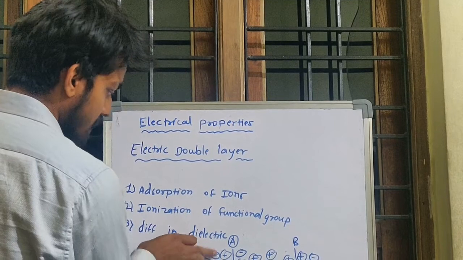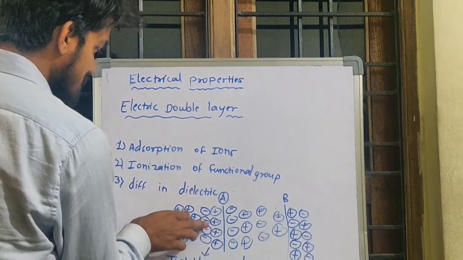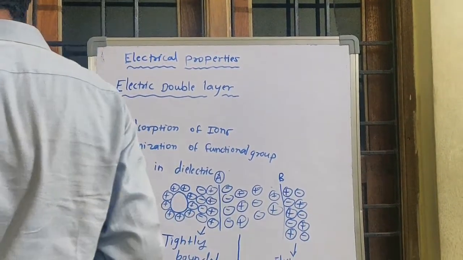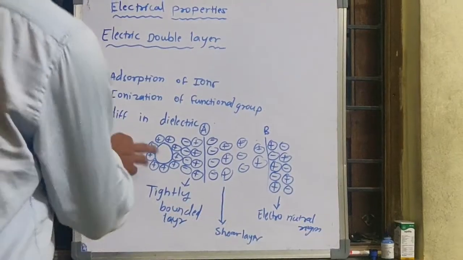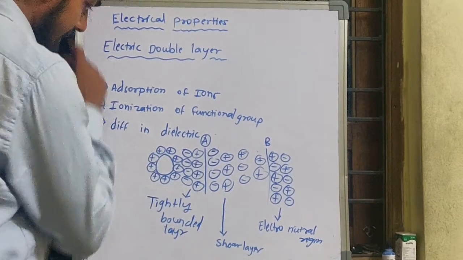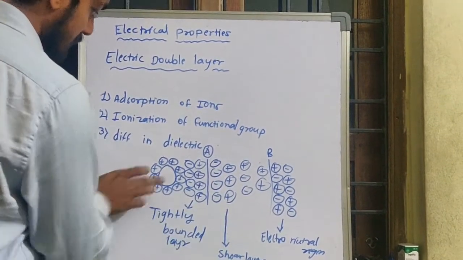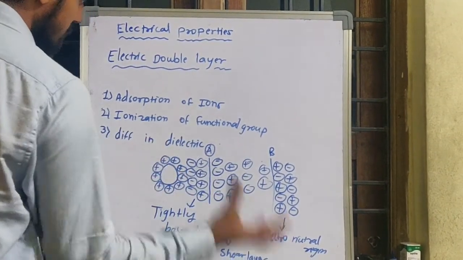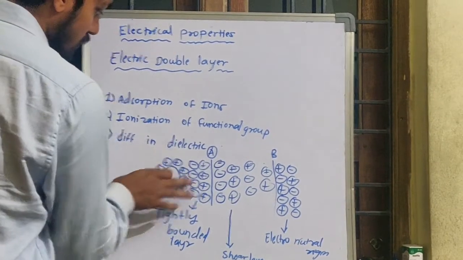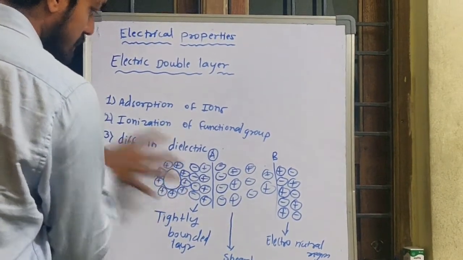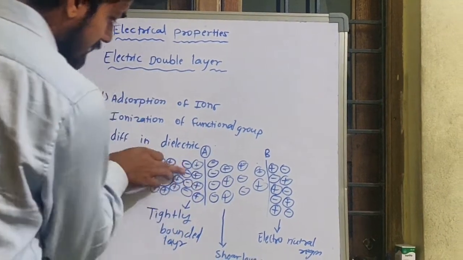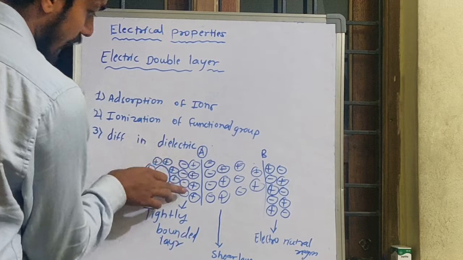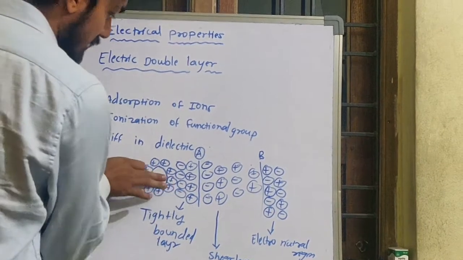After that, what happens? The suspended particles in any colloidal dispersion get ions adsorbed at the surface of that dispersed particle. Then the next layer is adsorbed with oppositely charged ions.